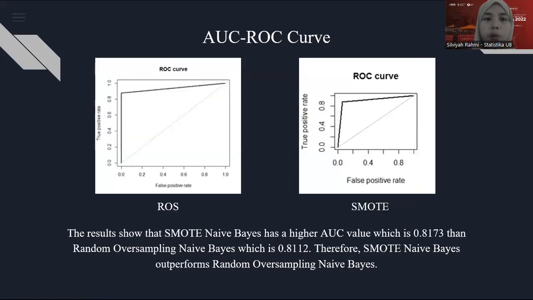This compares SMOTE and random oversampling using another measure, that is AUC and ROC curves. The results show that SMOTE naive Bayes has the highest, that is 81.73%, and random oversampling is only 81.12%.